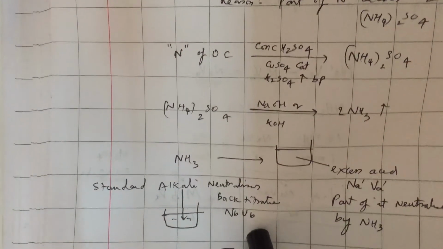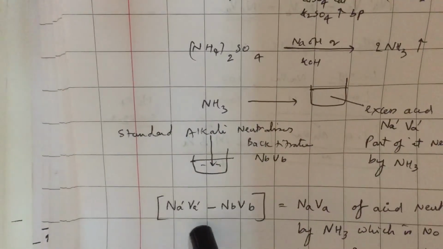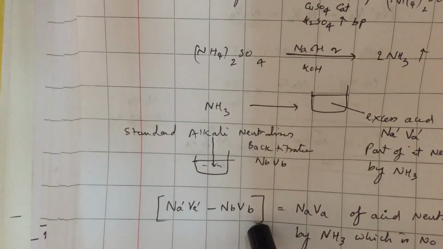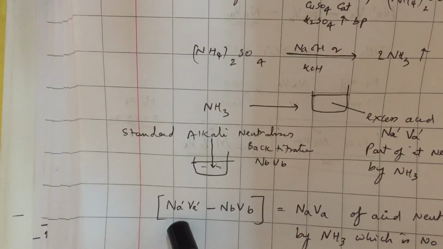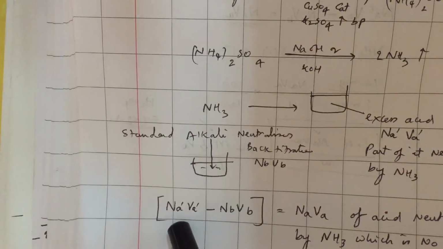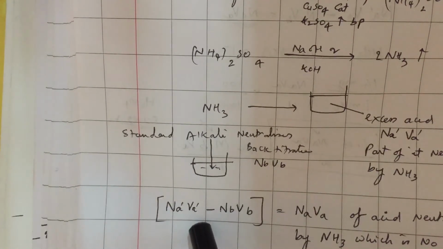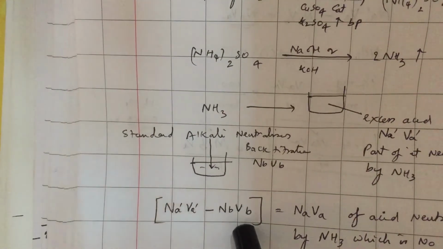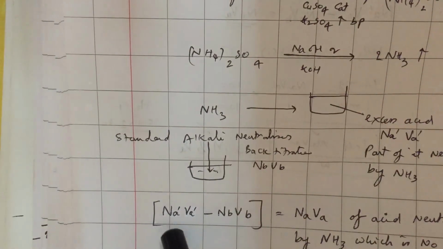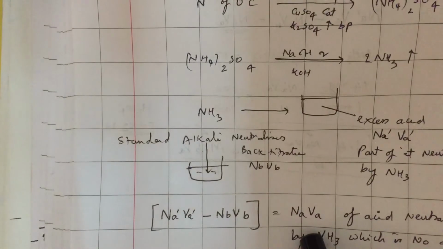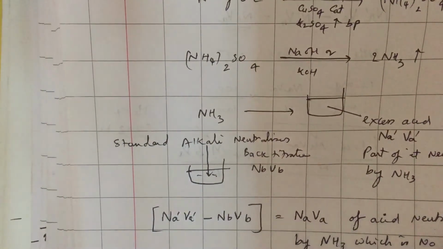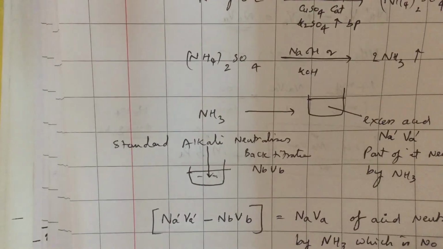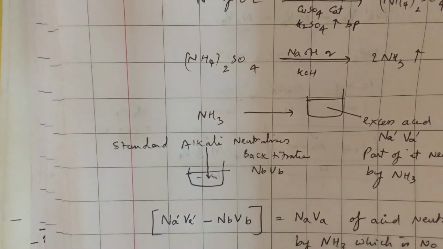So N_A V_A minus N_B V_B is the amount of the original acid that has been neutralized. N_A is the normality of the original acid you have taken in excess, and V_A is its volume, out of which whatever is left out is neutralized by N_B V_B. So N_A V_A minus N_B V_B is equivalent to the ammonia that got liberated.